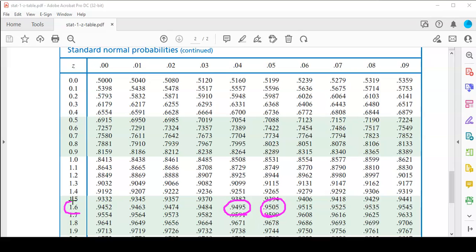Both are in the 1.6 row, and the 04 and 05 columns, somewhere in the middle. So how would I estimate this? I'll use 1.645 as an estimation.